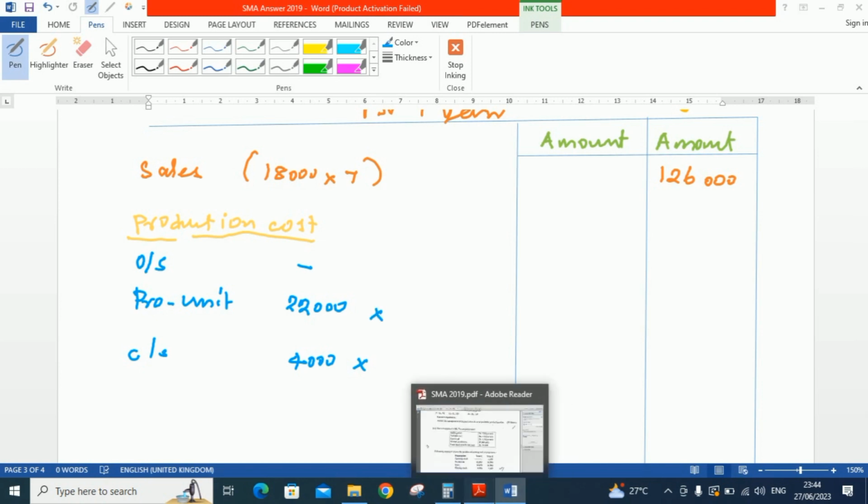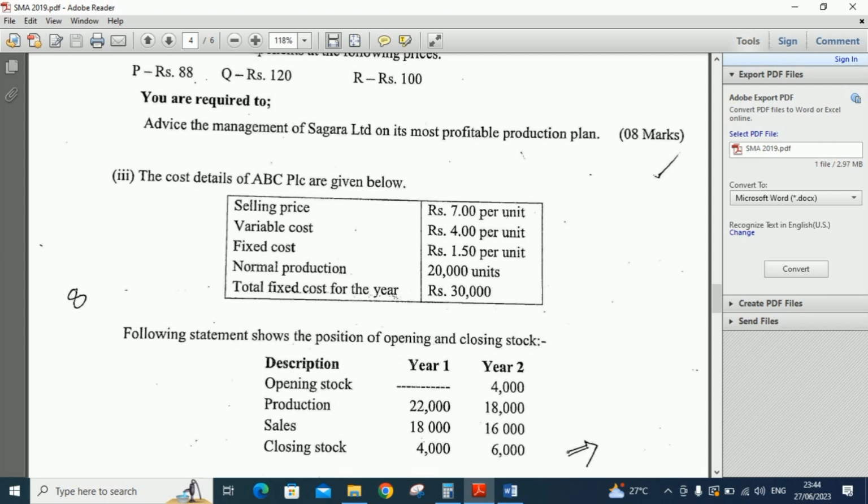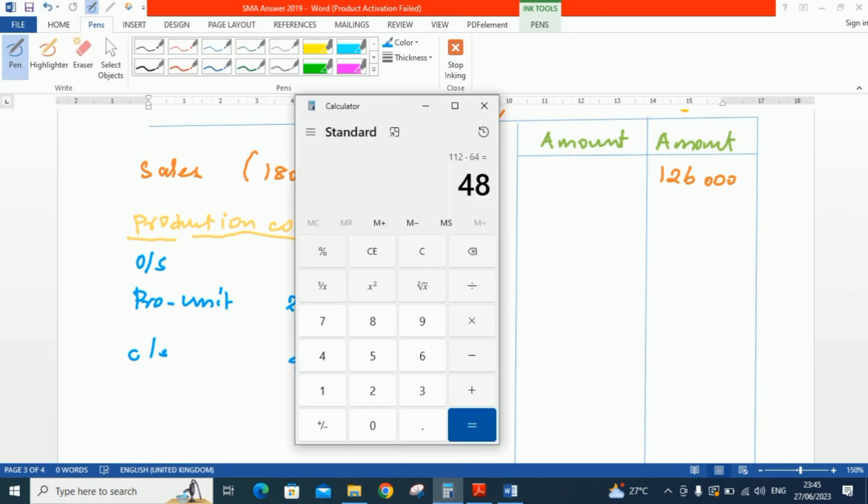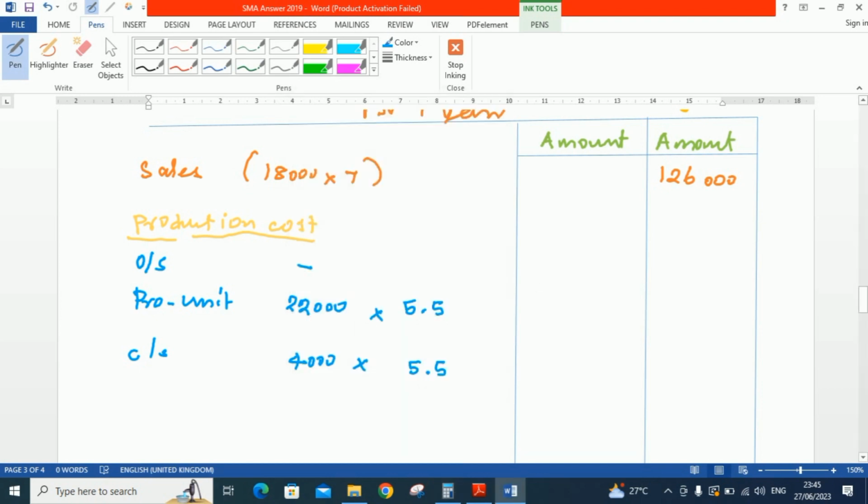We need to multiply by full cost. As per the question paper, the variable cost is 4 rupees and fixed cost per unit 1.5, for a total of 5.5. So total cost for the production unit 22,000 into 5.5 is 121,000.